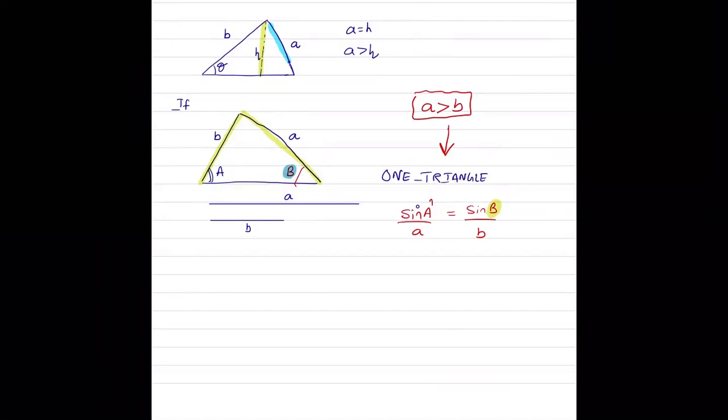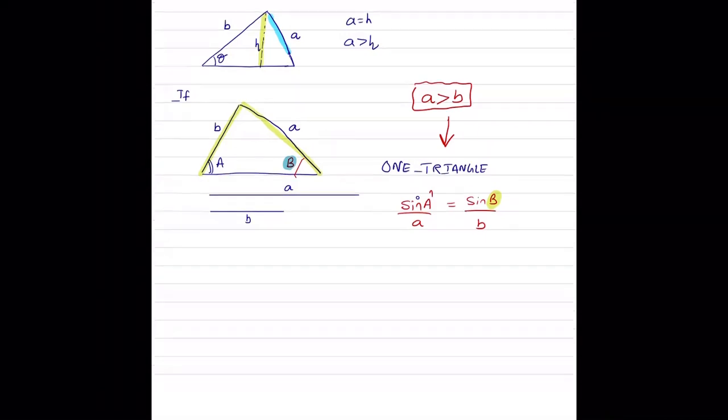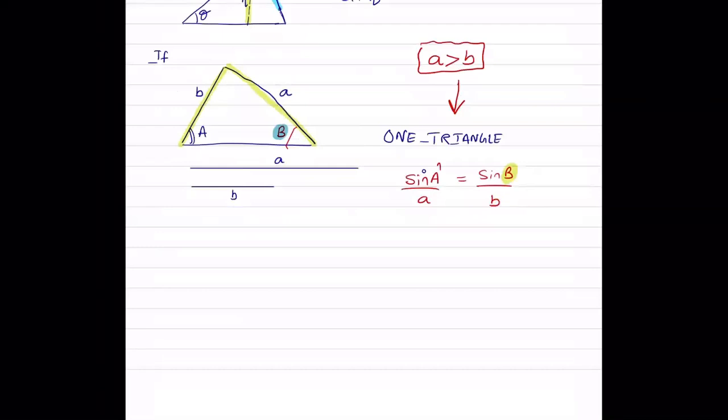Now let's discuss the situation in which the side opposite to the given angle becomes less than the other side. So again, I am being given two sides and a non-inclusive angle, but this time the side given is less than the other side.